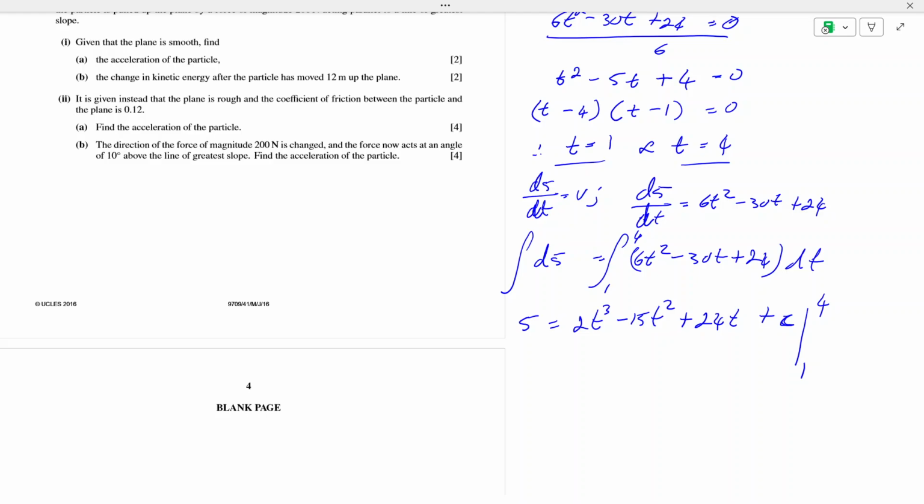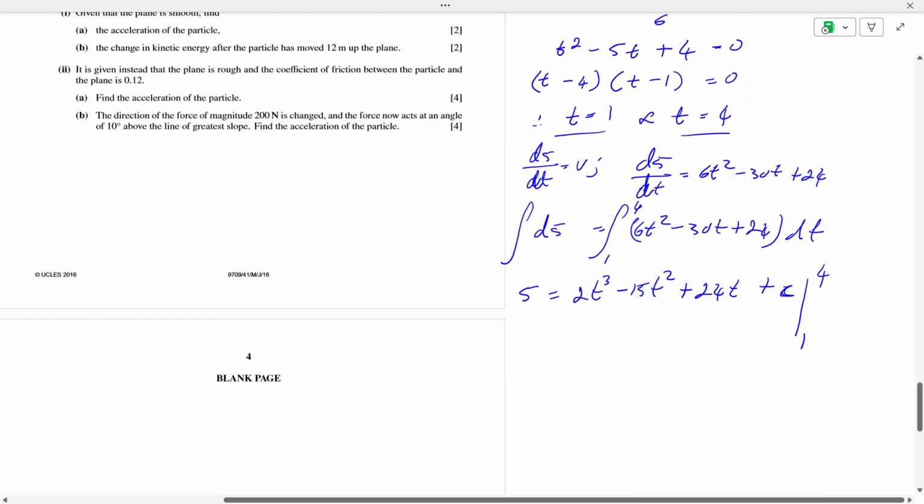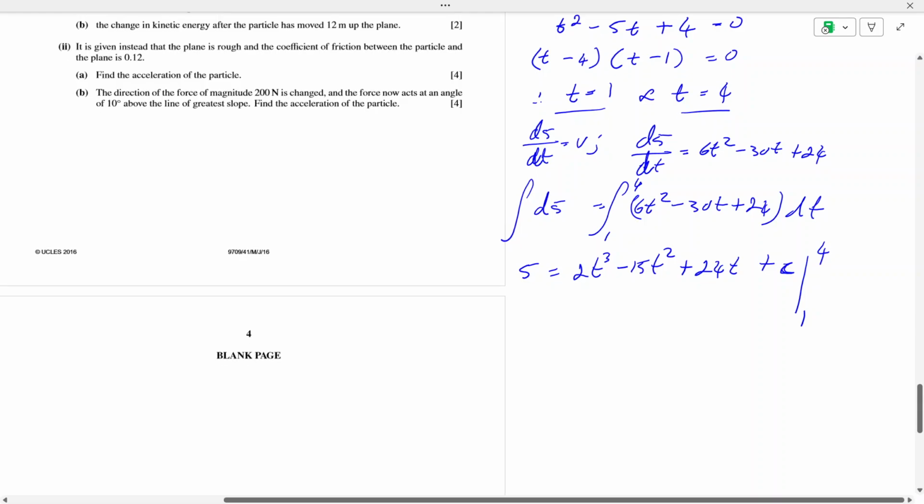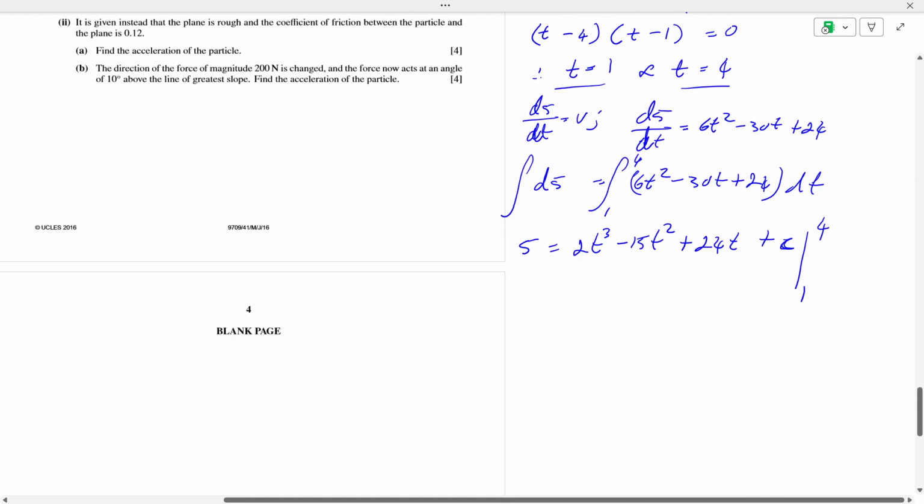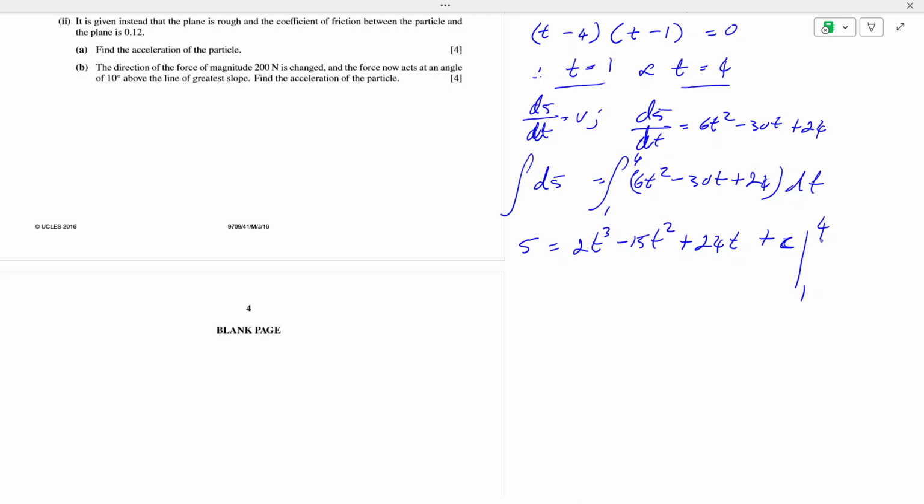So I want to find that distance right there. Remember, this is not displacement, this is distance. So you need to find the displacement at t is equal to 4 seconds, right? Then you add it to the displacement at t is equal to 1 second. I don't know if that makes sense. Remember, displacement is a straight line distance, right?